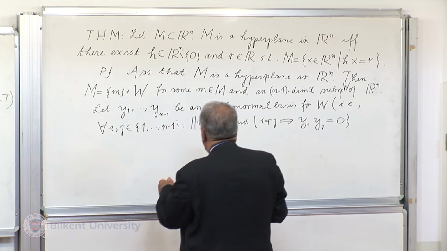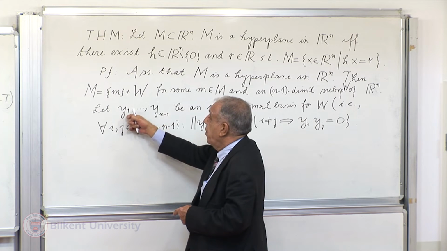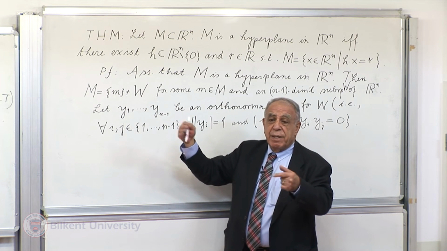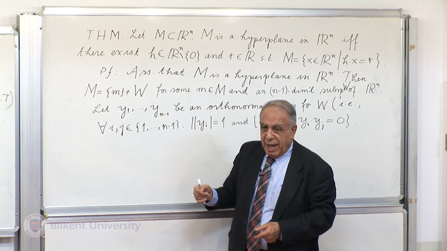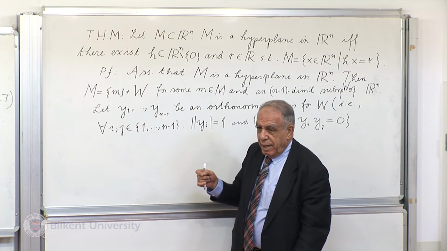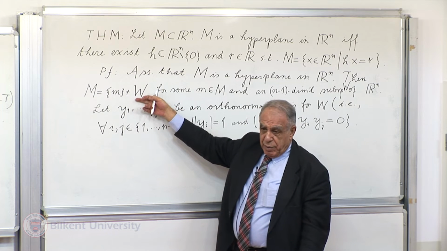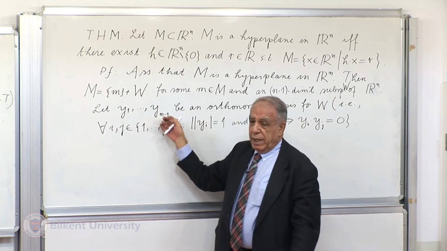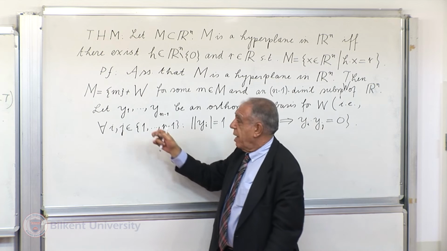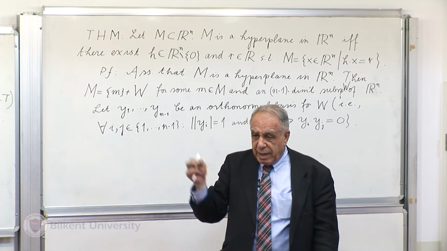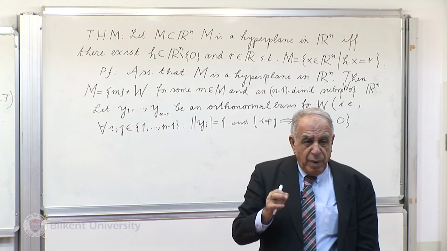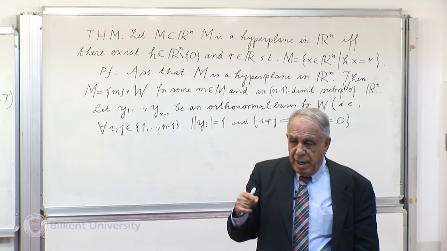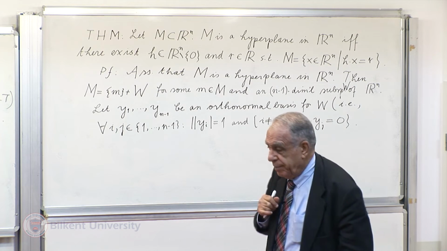But again, we know from linear algebra, we can extend this to an orthonormal basis of Rn. That is, there is some yn, which must come from outside W, which has norm 1, which is orthogonal to each of these, that is, its inner product with any of these is 0. And when we join that to these n minus 1 vectors, we will obtain a basis for Rn.